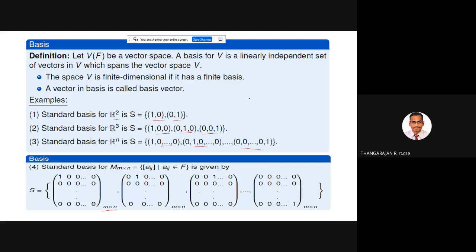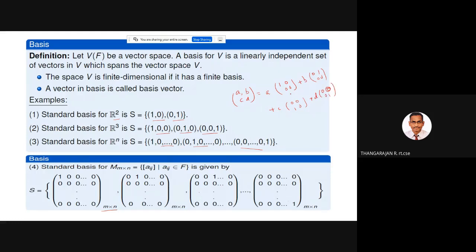For example, if I have a matrix A, B, C, D, how to represent this? This can be represented as a linear combination of A into 1, 0, 0, 0 plus B into 0, 1, 0, 0 plus C into 0, 0, 1, 0 plus D into 0, 0, 0, 1.